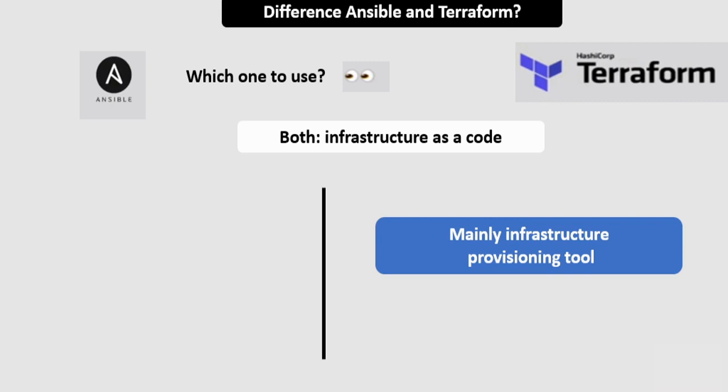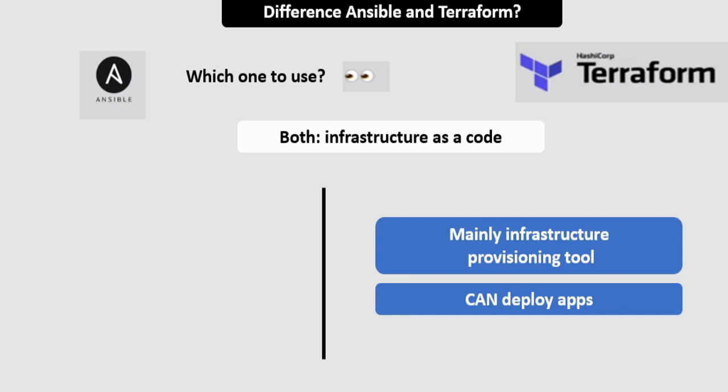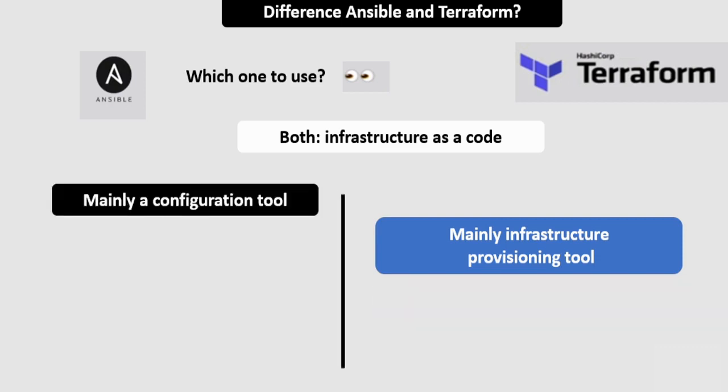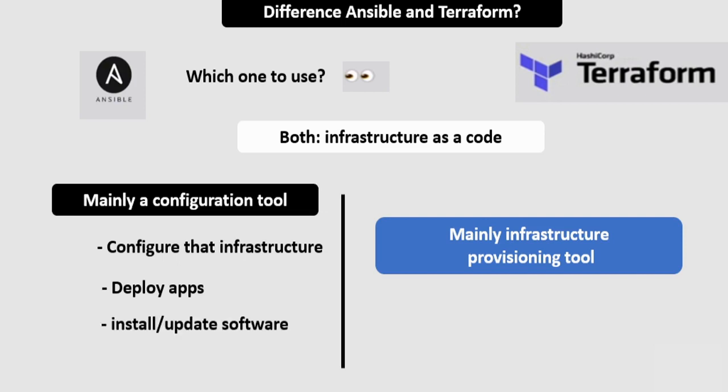But it also has the possibility to deploy applications and other tools on that infrastructure. Ansible, on the other hand, is mainly a configuration tool. So once the infrastructure is provisioned and it's there, Ansible can now be used to configure it and deploy the application, install updated software on that infrastructure, etc.